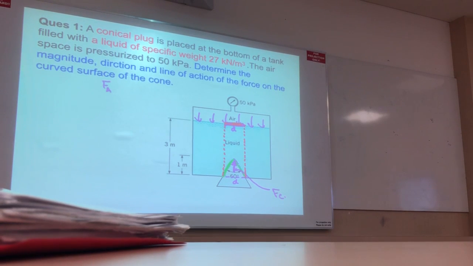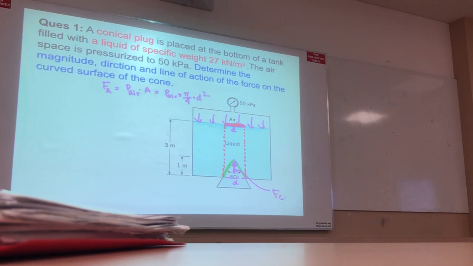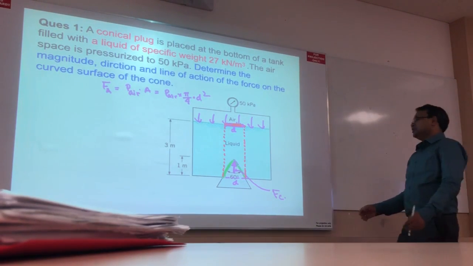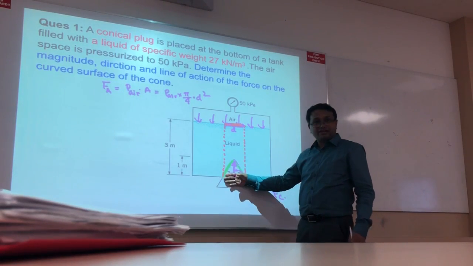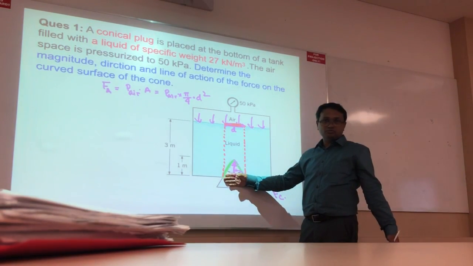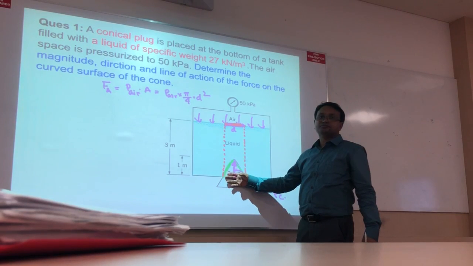Air force is equivalent to air pressure times area of this portion A, which is pi by 4 d square, right? Now d square I do not know, correct? At the moment I do not know, but I can calculate. How?